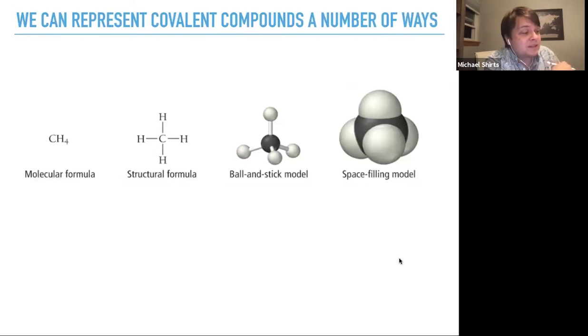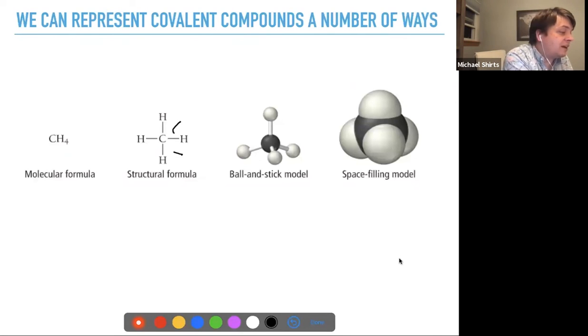A second way of representing it is the structural formula, where you draw lines that represent the bonds. For methane, you have a central carbon with 4 hydrogens. We'll talk about why that's the case later. The structural formula just shows where the bonds are. Double, triple bonds, we'll get into that later, but it shows which atoms they connect.